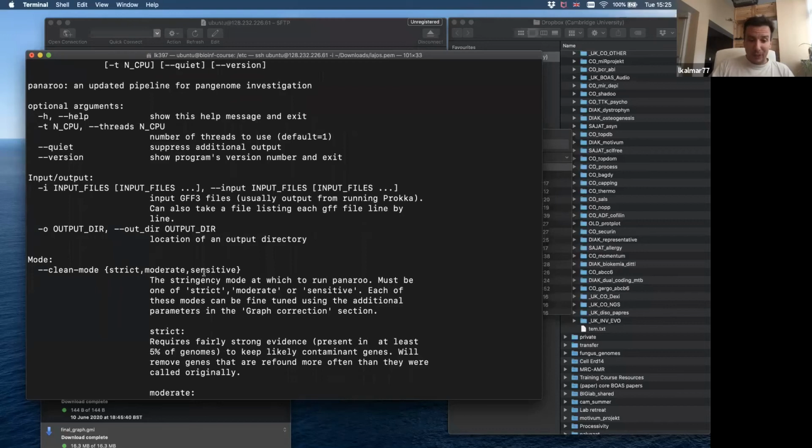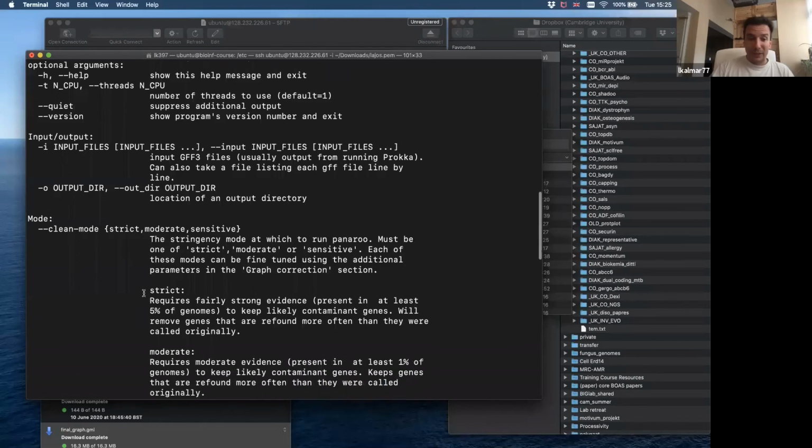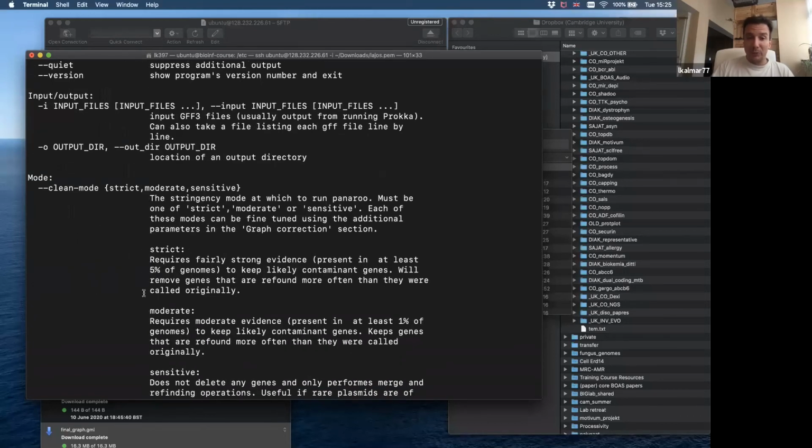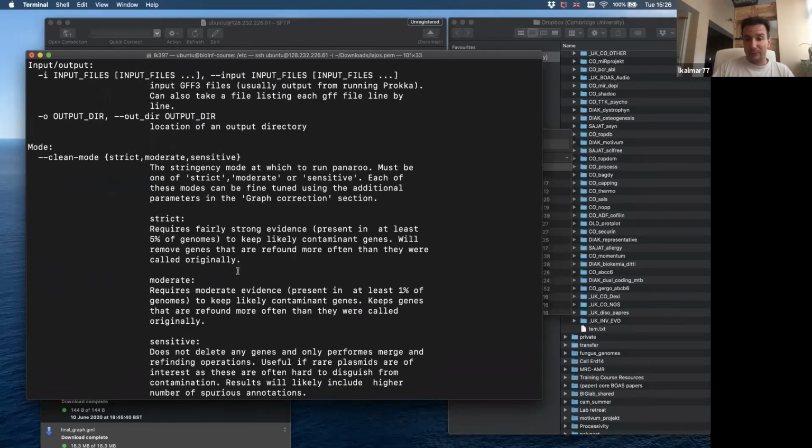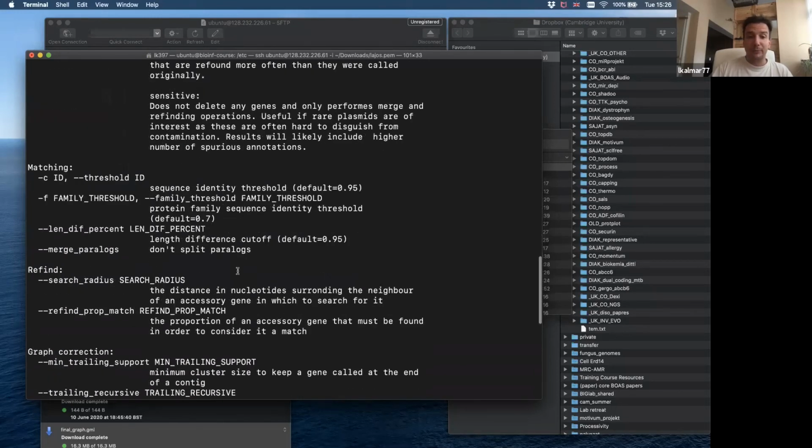And I think the main difference between Panaroo and Roary is here. The strict mode is, I think, very comparable to Roary, but there are moderate and sensitive modes as well, where there will be a bit less strict comparison between the strains you are putting in.